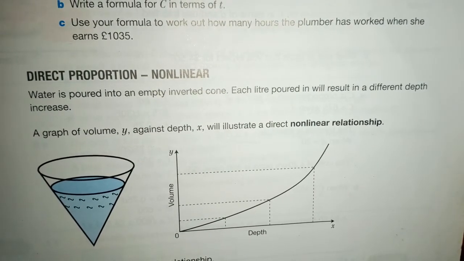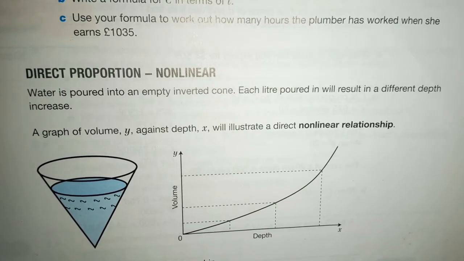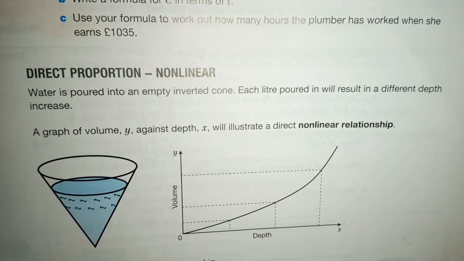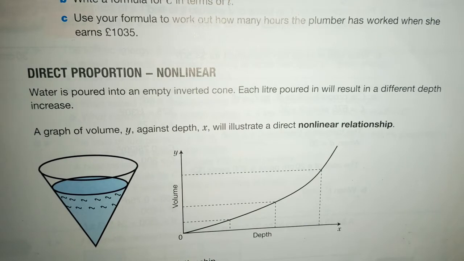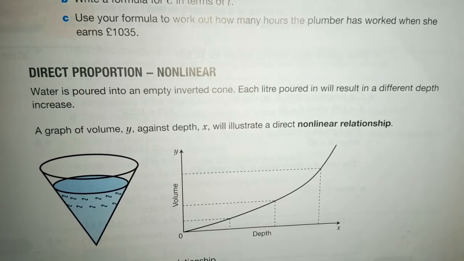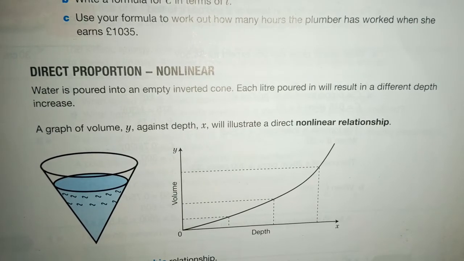We are told that water is poured into an empty inverted cone. Each liter poured in will result in a different depth increase. Of course, you will agree with the explanation. The very first liter of water poured in the cone will occupy a great height.